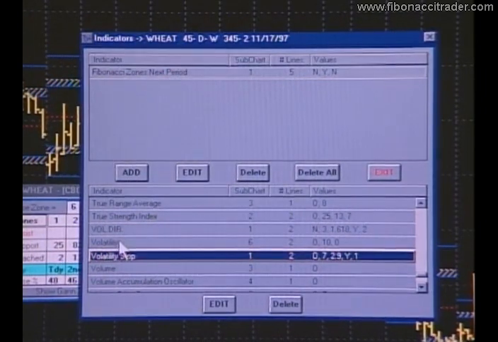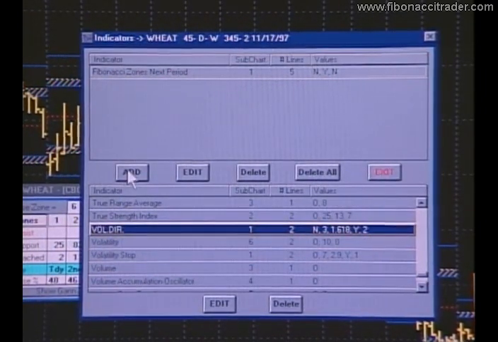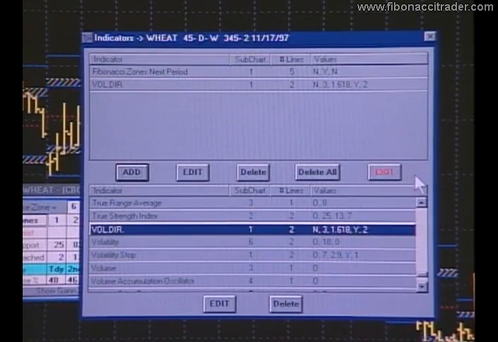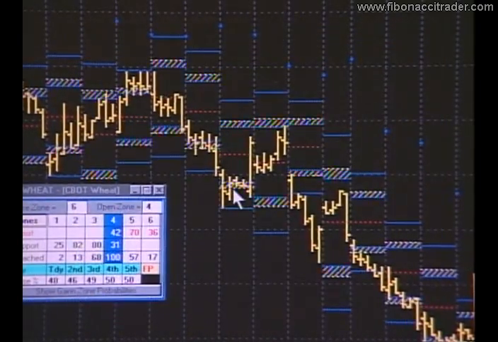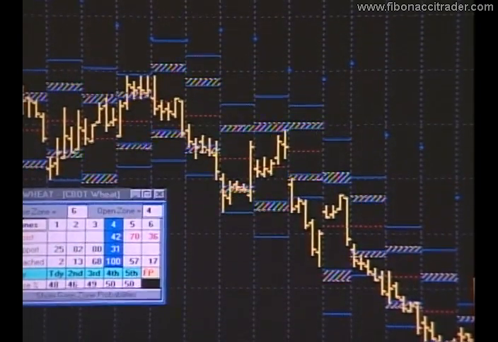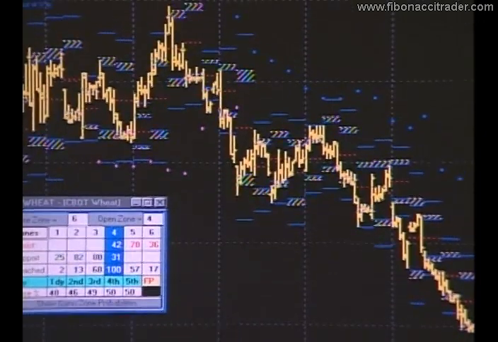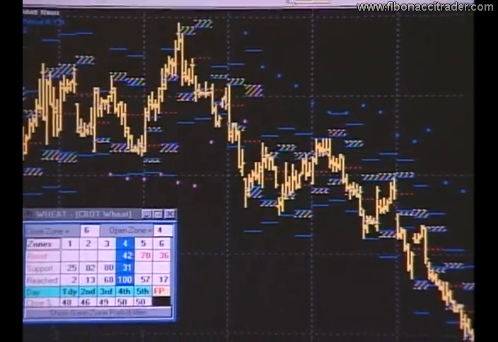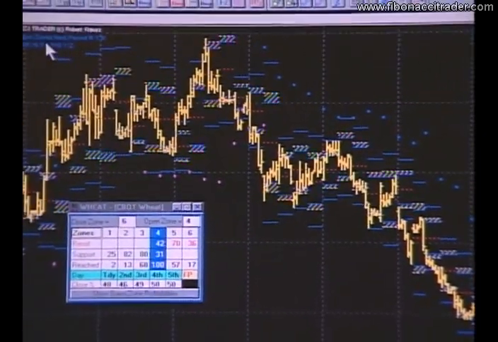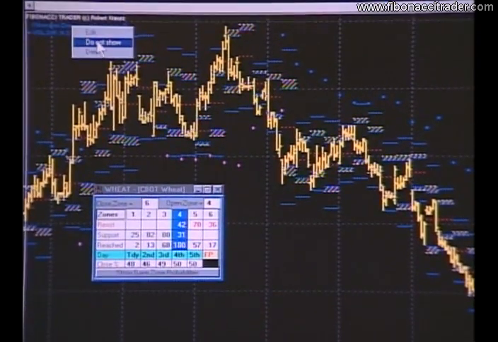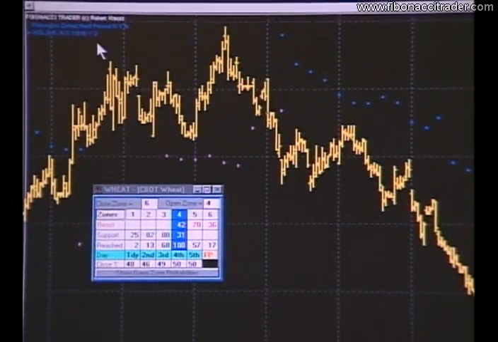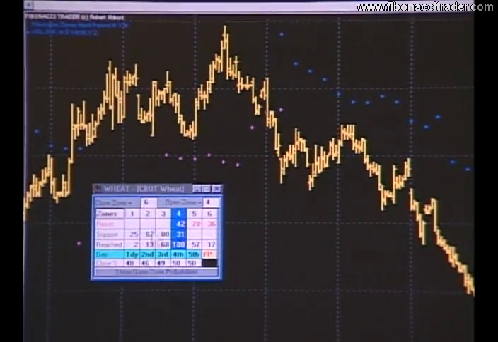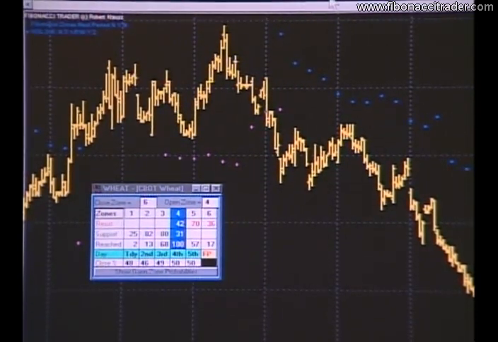So if you go now to the volatility direction and you add it and you exit, it should be there. I didn't change one thing. Let me get rid of the zones because it's confusing. I'll just put do not show. This comes up normally in dot formation.